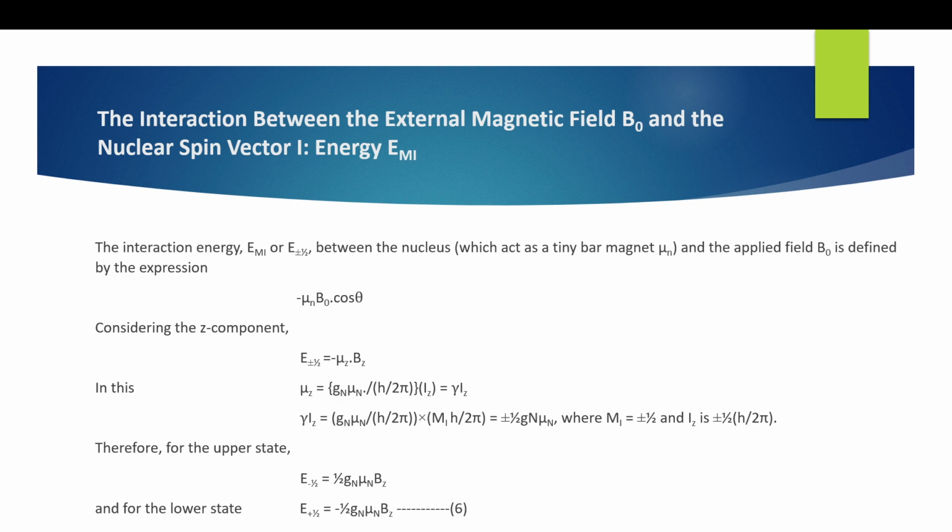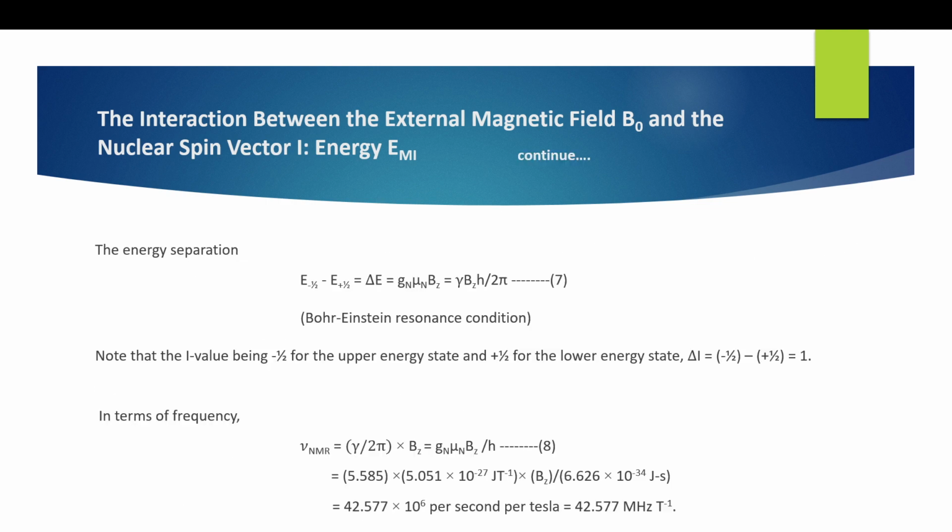So for the two spin states, the energy equations are written as equation 6. The separation between these two states, ΔE, is gn μn Bz. Alternatively, it can be written as γ Bz h upon 2π, equation number 7. When the energy of the supplied radiation, ΔE, agrees with this, the condition is called the Bohr-Einstein resonance condition.